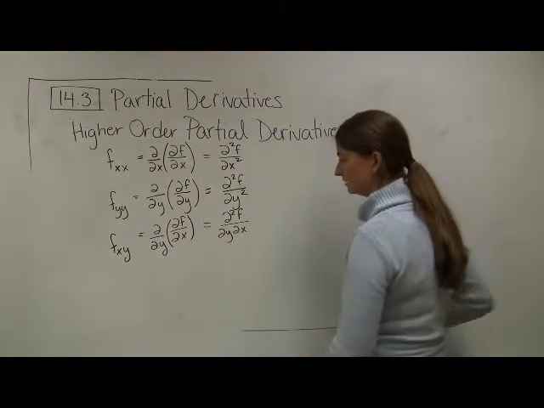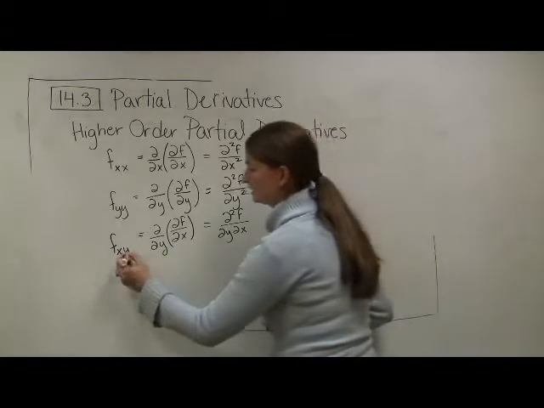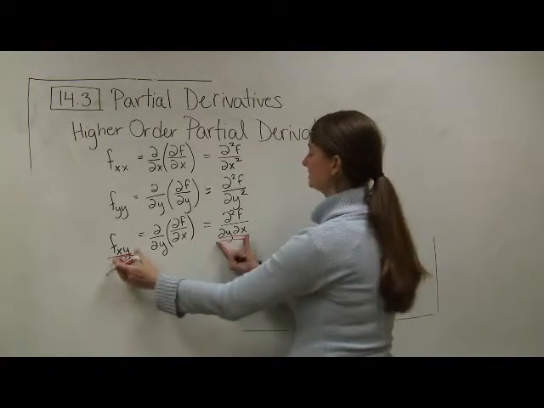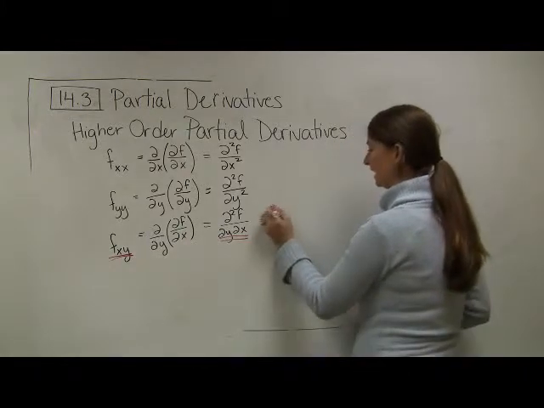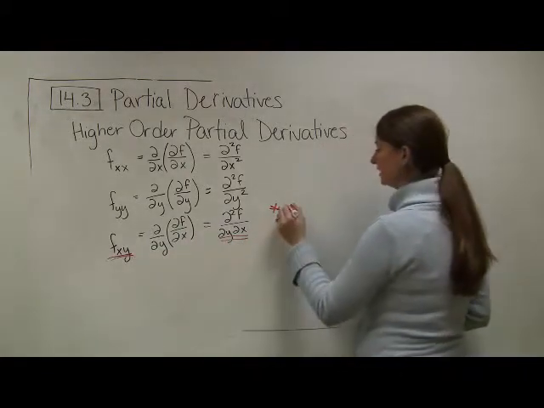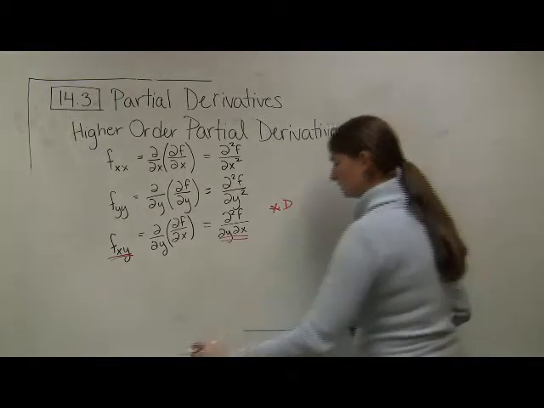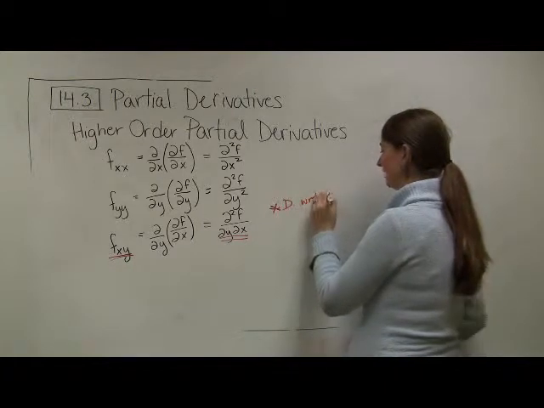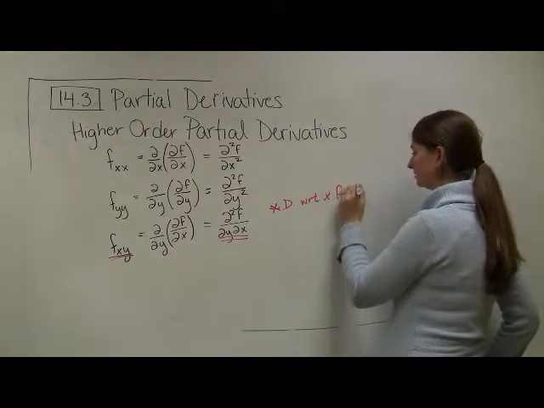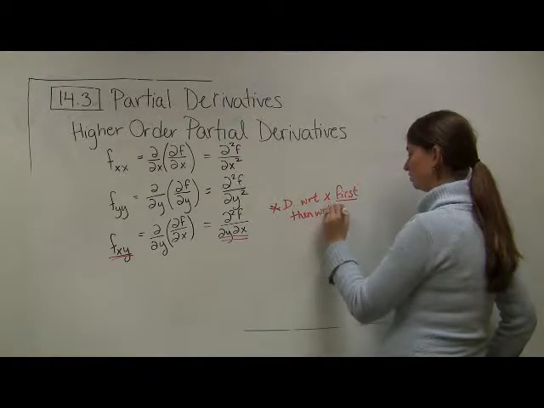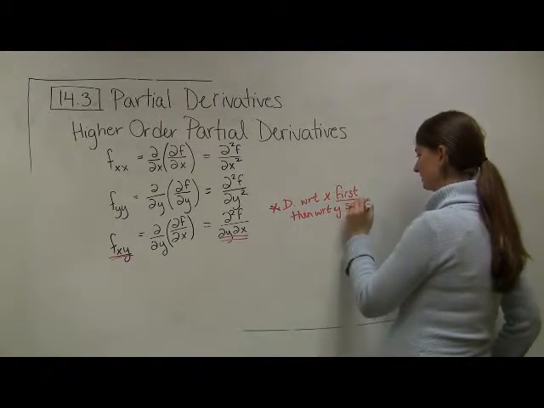This is where I'll write in red. So notice how the left to rightness of the x's and the y's switches. And I'll write in a star. Both of these notations mean the derivative with respect to x first, then with respect to y second.